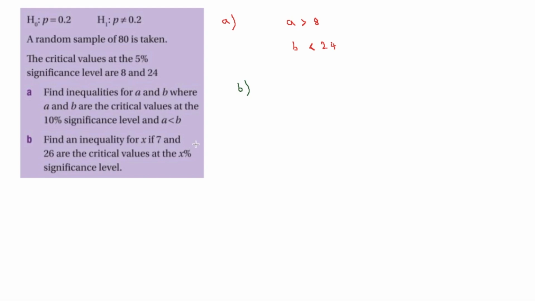It's a lower value, so 7 is lower and 26 is higher. That means that x is going to be less than 5, because these were our critical values here, 8 and 24 at the 5%, and because 7 is lower than 8 and 26 is higher than 24, therefore the significance level is going to be lower.